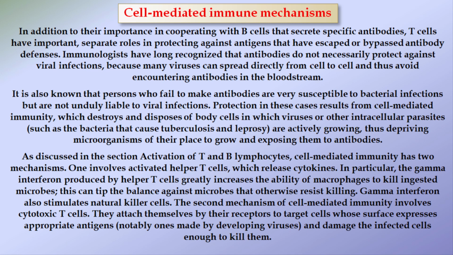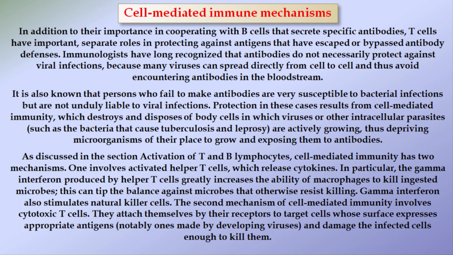Protection in these cases results from cell-mediated immunity, which destroys and disposes of body cells in which viruses or other intracellular parasites, such as the bacteria that cause tuberculosis and leprosy, are actively growing, thus depriving microorganisms of their place to grow and exposing them to antibodies. As discussed in the section Activation of T and B lymphocytes, cell-mediated immunity has two mechanisms.